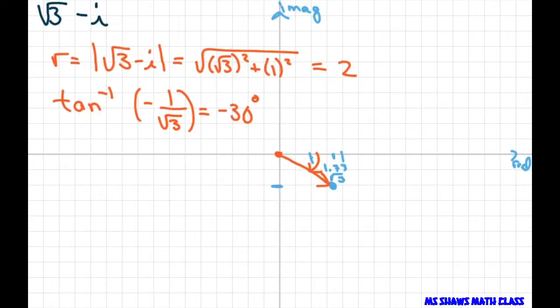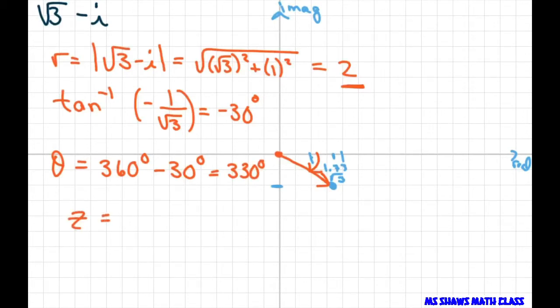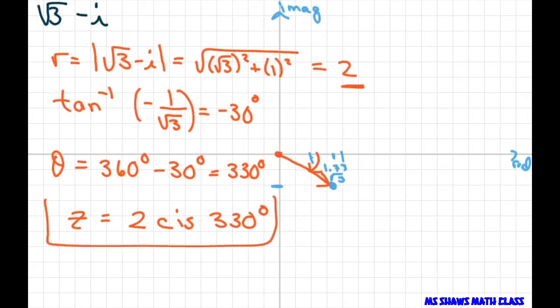Since we're keeping the r as positive, we're going to write our angle as 360 degrees minus 30 degrees, and that equals 330 degrees. So your final answer is going to be z equals 2 cis 330 degrees. And that's it.